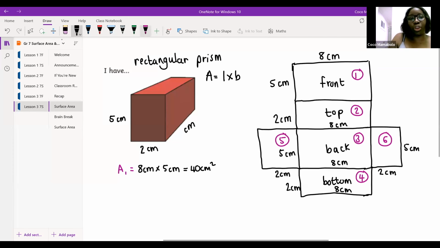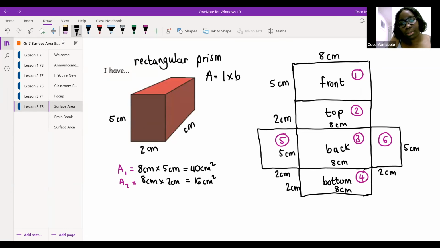Good. Yes. The area of number 2 is 8 centimeters times 2 centimeters, which is 16 centimeters squared. We're going to do this for all of them, and then at the end, we're going to add them all together. See what I'm doing? Yes, ma'am.